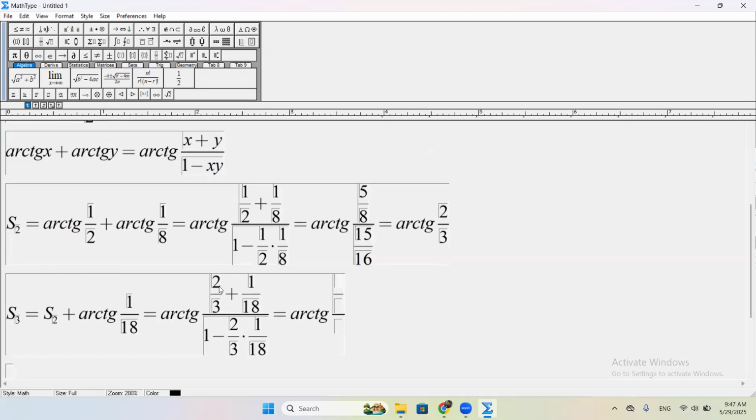Multiplying this part by 6, we get 13 over 18. And here it will be equal to 1 over 97, so 26 over 27. And if we simplify it, we will see that it will be equal.